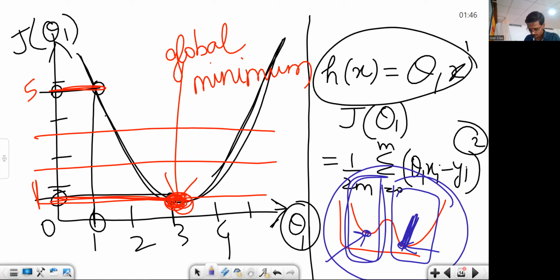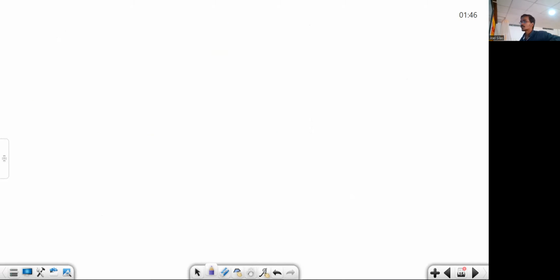Now this is a 2D graph, because we only have an x-axis and y-axis. Suppose we make it 3D, then what will we have to do? We need a z-axis. So what other parameter can we consider? We know that initially we have ignored theta 0. So now let us introduce theta 0.